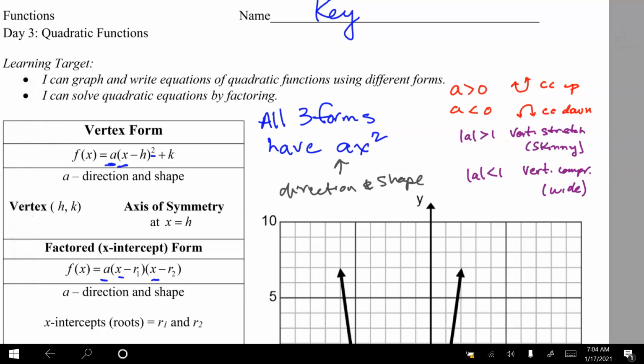And if you took a marshmallow and stretched it 5 times vertically, it's going to get skinny or narrow. And if you had a value of something like a half, and you took a marshmallow and squished it in half vertically, you're just going to squash it down a little bit, it's going to get wider.